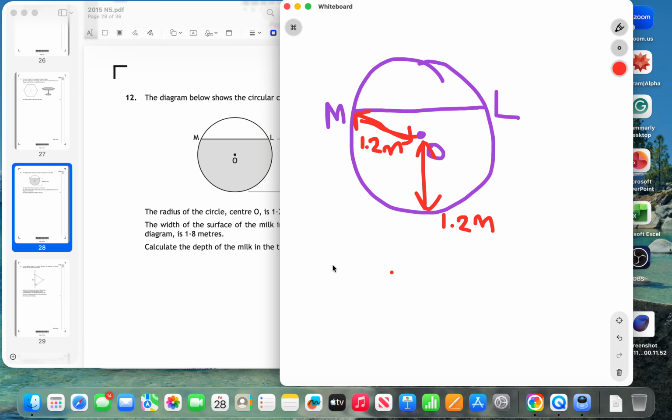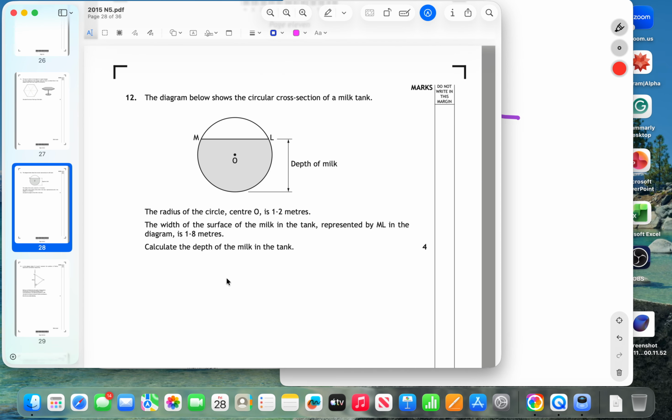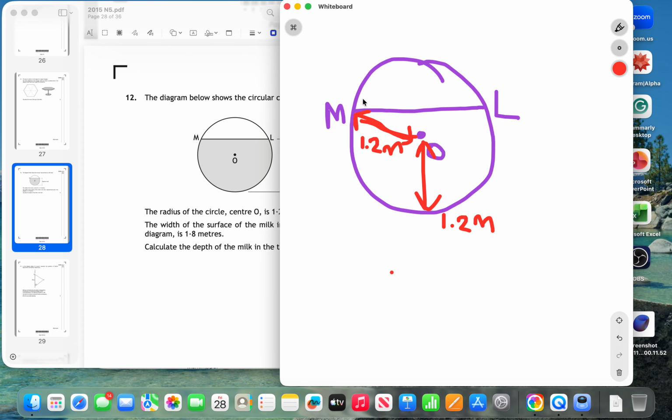Both of them are the radius of 1.2. And the width of the surface of this, I'll do this one in blue, is 1.8.